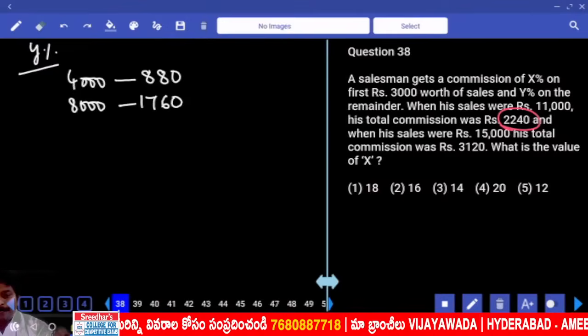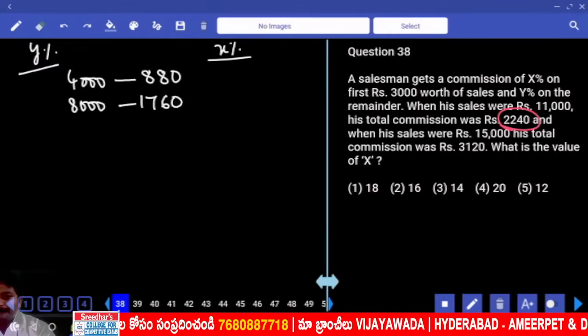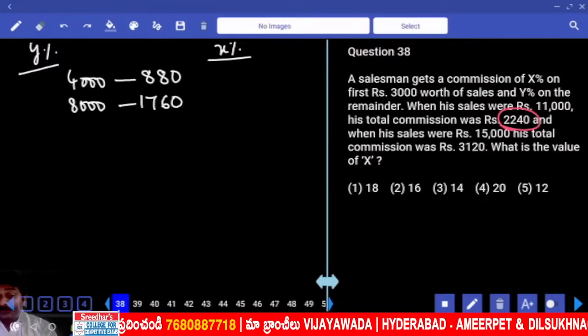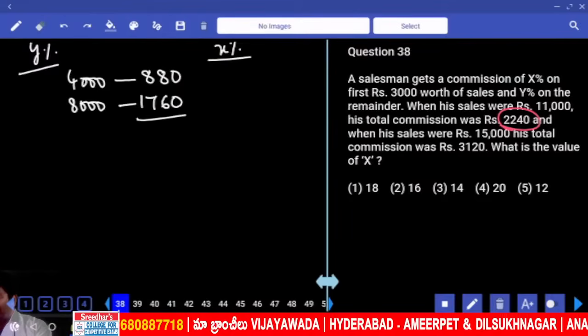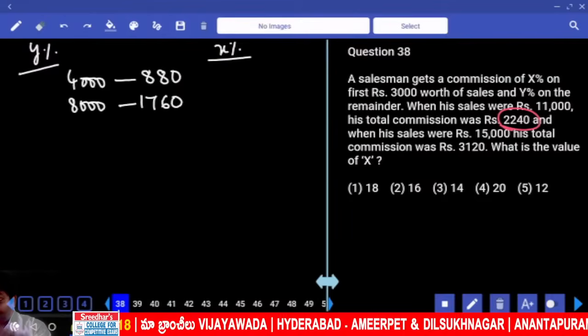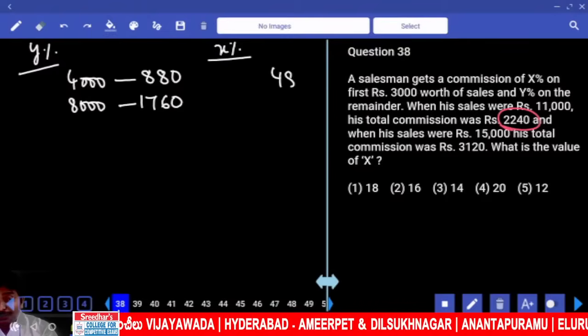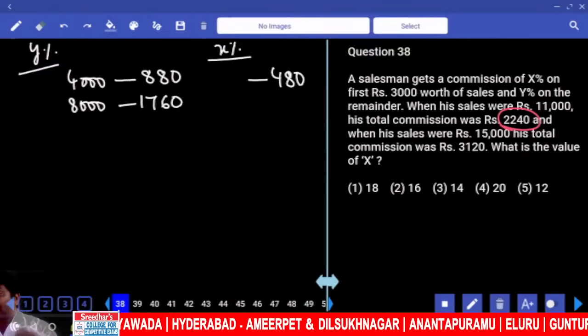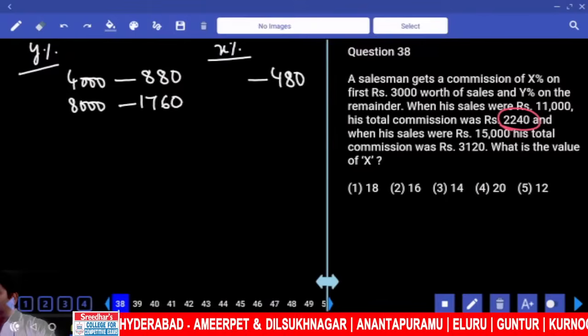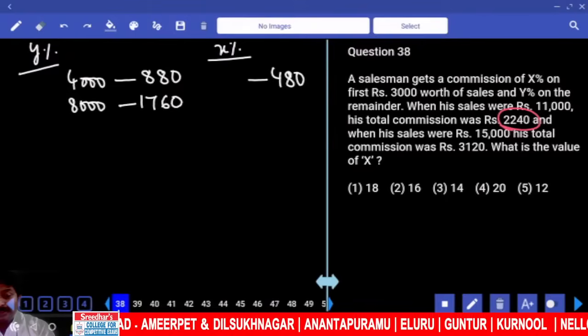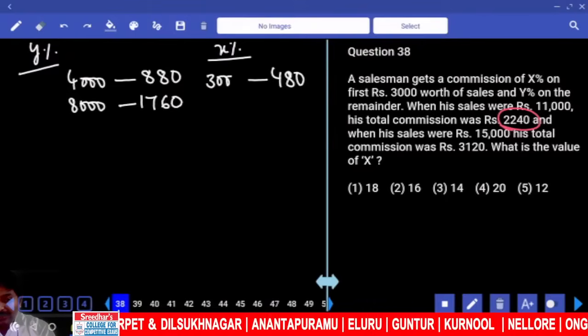Am I right? So X% value. What is the difference between 1760 and 2240? 480 rupees commission you are getting on a sale of how much money? 3,000. Are you fine?